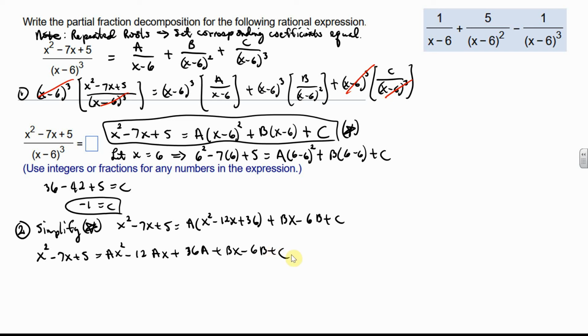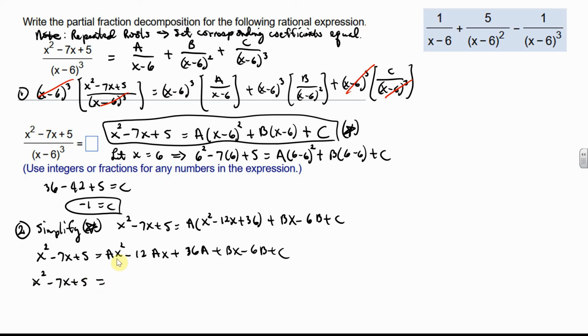All right. So now I'm going to see if I can write that right side to make it look like the left side. The left side is something x squared plus something x, then plus a constant. So I'm going to group the right side in descending order. Rewrite the left side, x squared minus 7x plus 5, plus, I'm going to get the x squares together.